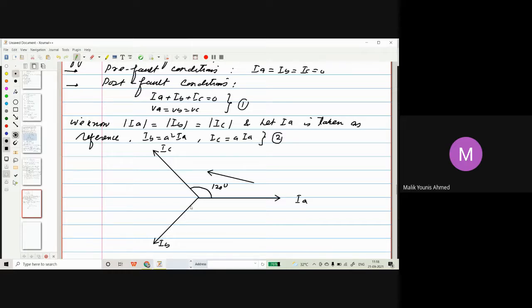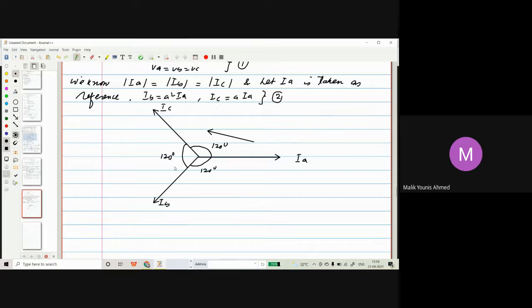Each will be 120 apart electrically, each phase. So the phasor is rotating like this. The phase sequence is ABC, but the phasor is rotating in the counterclockwise direction. So when we have a difference of 120 between A and C, that means it's a difference of A. So that will be A IA. Now here, the phasor is rotating like this. We have a difference of 240. That will be A square IA. This should be remembered forever.